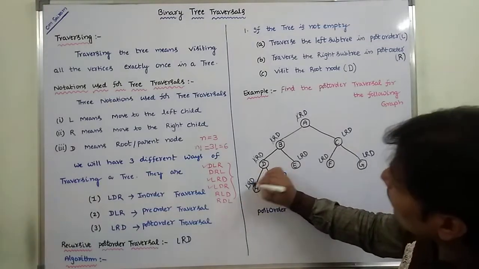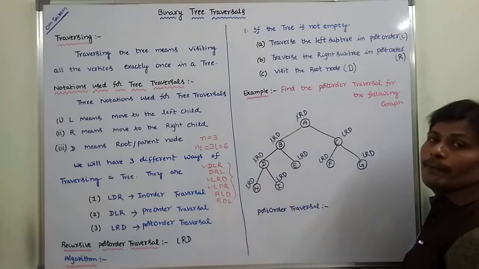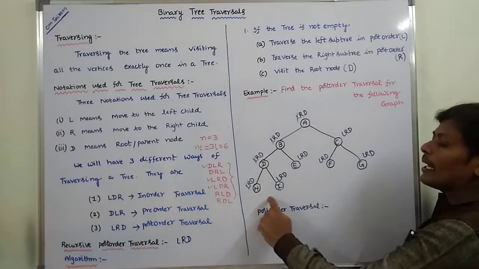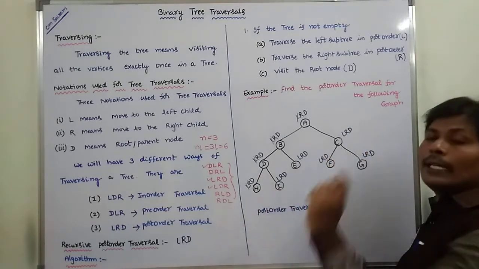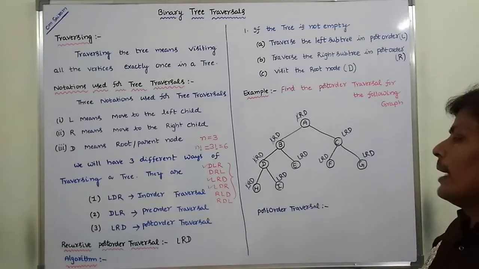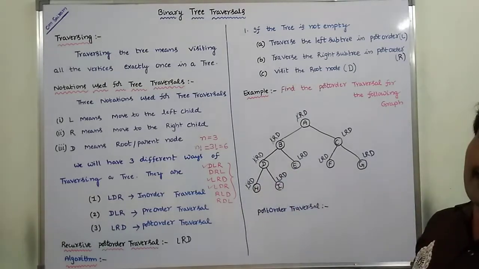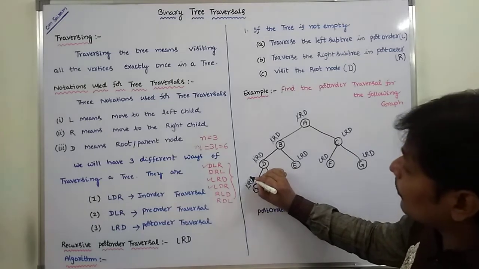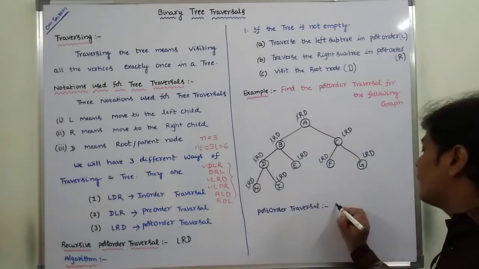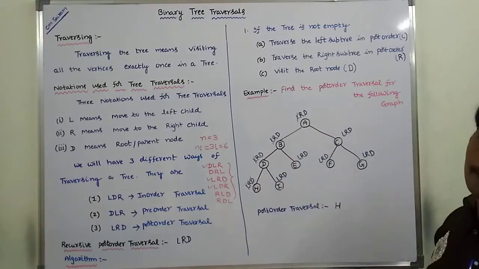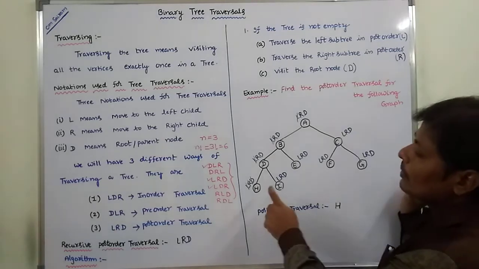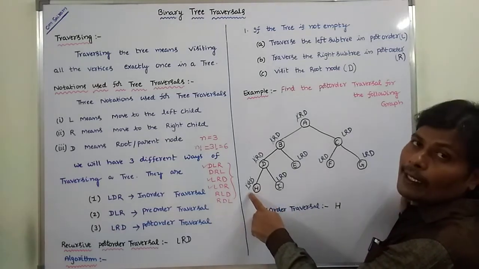Strike out R and go to the right subtree. Here at the right subtree, there are no nodes for node H. Next letter D is there. D means visit that node. So strike out D and visit node H. Now at H, three letters are completed.